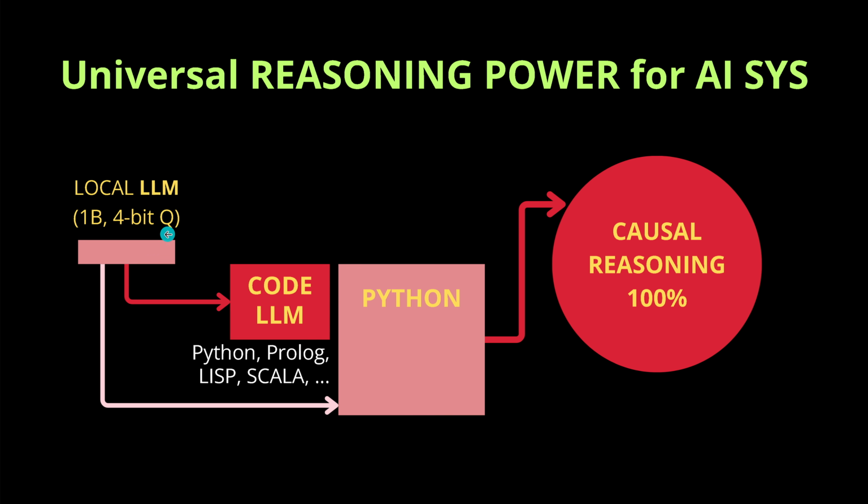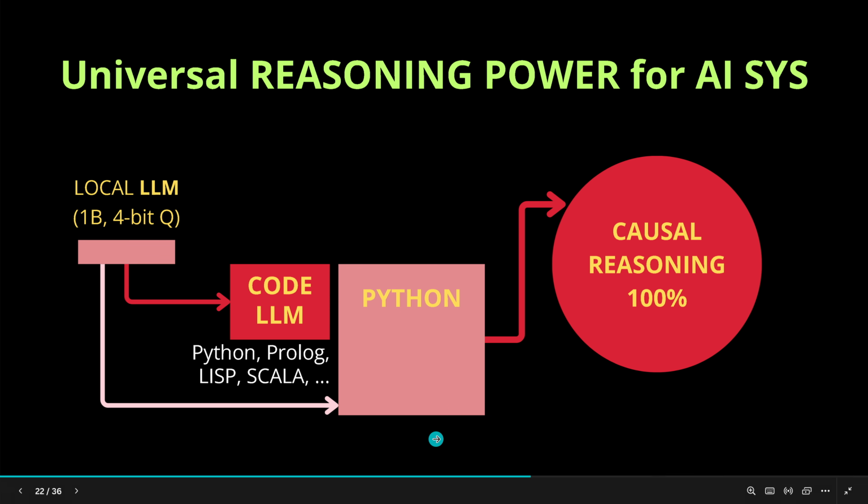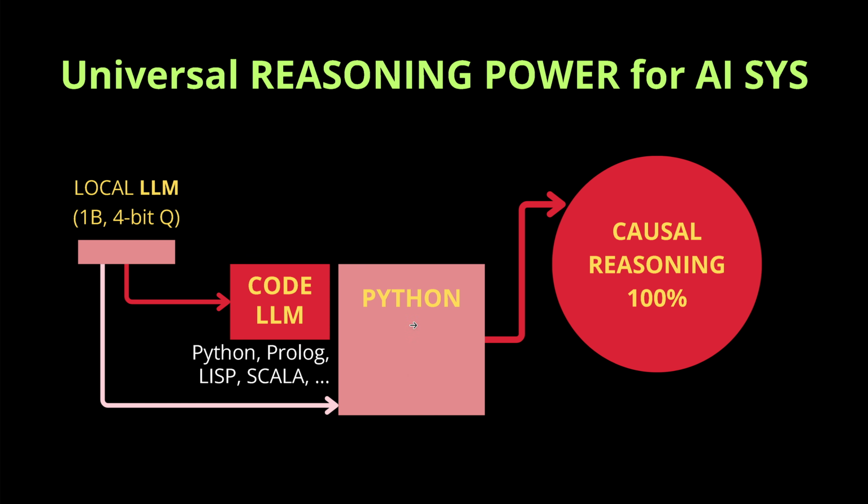If the system is able to write here a Python code, or any other programming language that you know, and we have here an interpreter, or whatever, just execute the code, you will get a result from Python in plain, simple English, an English sentence. Then the LLM can answer this, and we have a causal reasoning probability of 100%.